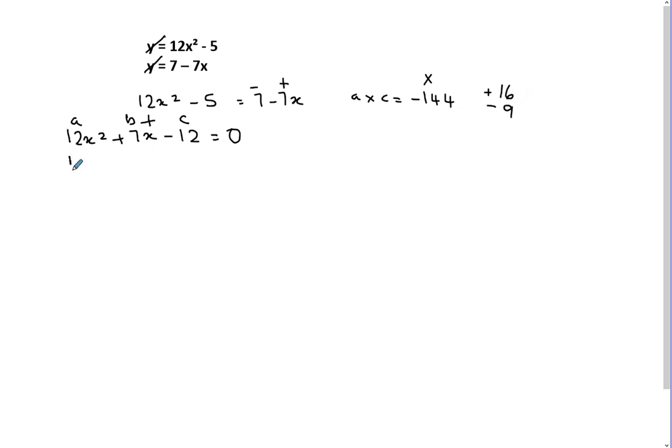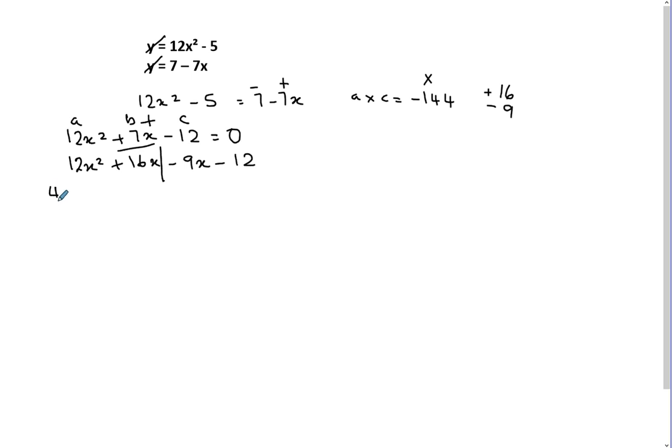Okay, and then we rewrite, split, factorize. So let's rewrite the 7x as plus 16x minus 9x and then minus the 12, and then split and factorize.